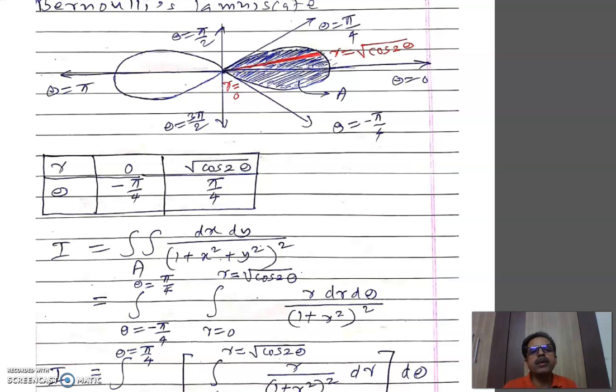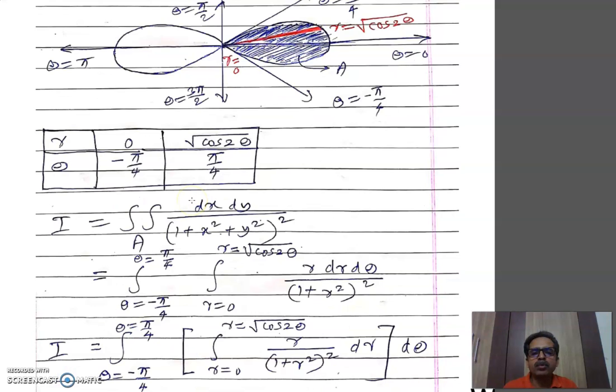From it you get the value of r, which is the square root of cos 2 theta, and hence the limits of r are 0 to square root of cos 2 theta. To cover this region A, we have to rotate this radius strip from the line theta equal to minus pi by 4 to theta equal to plus pi by 4. That means the limits of theta are minus pi by 4 to plus pi by 4.